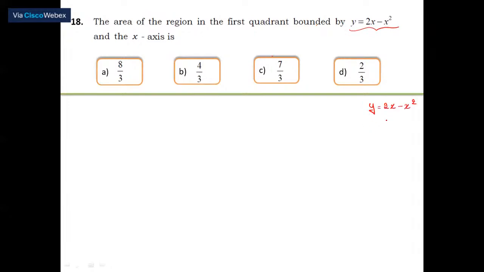This we can consider as x square minus 2x is equal to minus y, or by adding and subtracting 1, x square minus 2x plus 1 minus 1. Just add and subtract by 1.